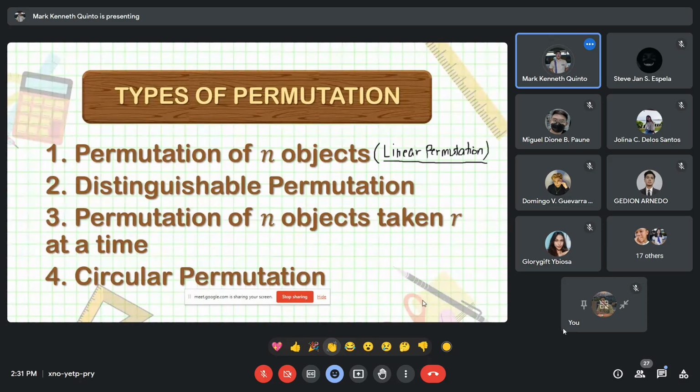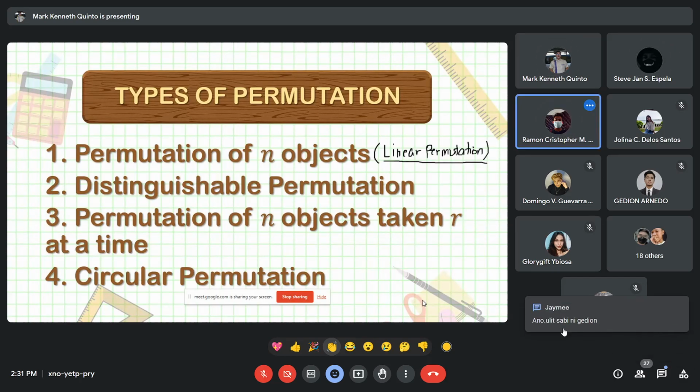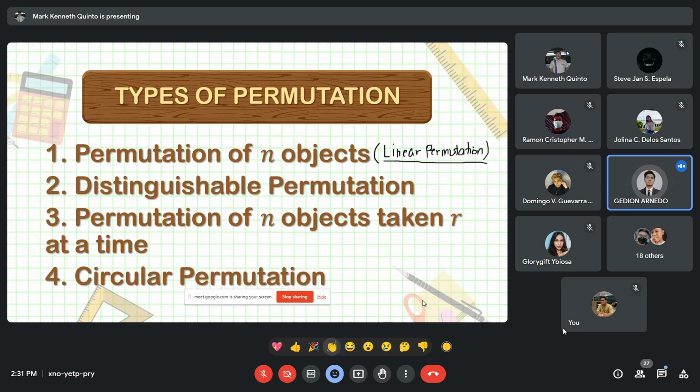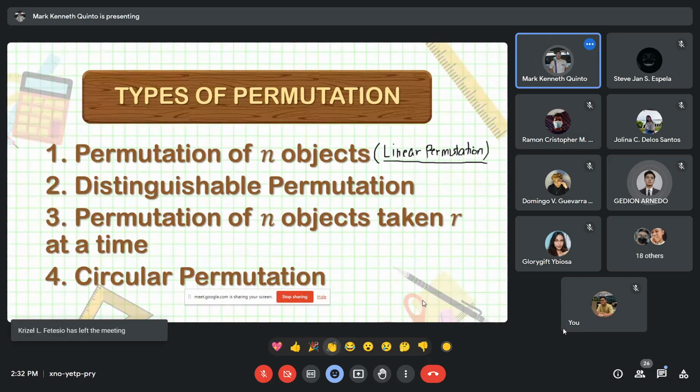Question? Steve said that the permutation of n objects, distinguishable permutation, and permutation of n objects taken r at a time are actually part of linear permutation.